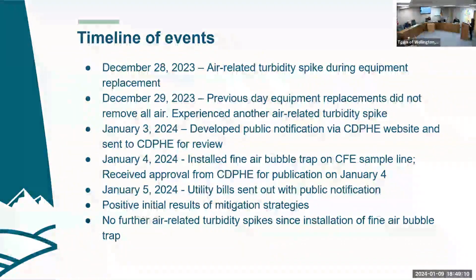Those are the main points that we get to put in that letter. The rest of the language that's generated in that is required by the state, is outside of our control. And it's very black and white and rather alarming in places, especially when you have the level of confidence that we did of the cause of the problem being air in those lines.